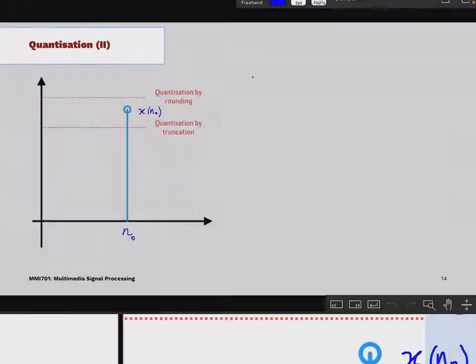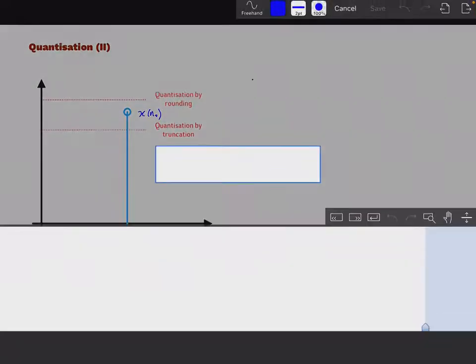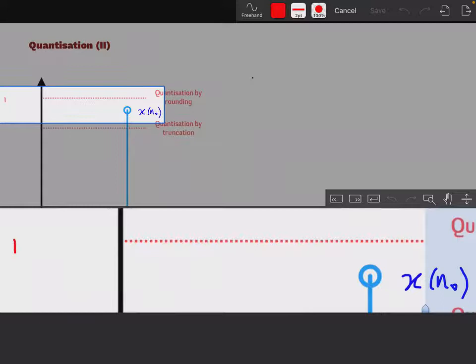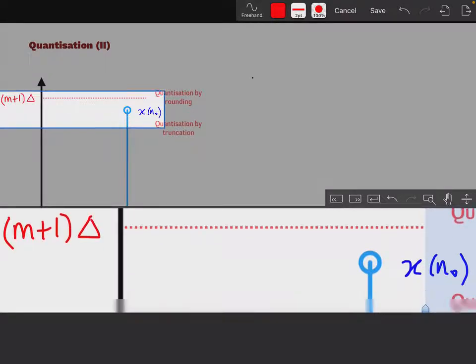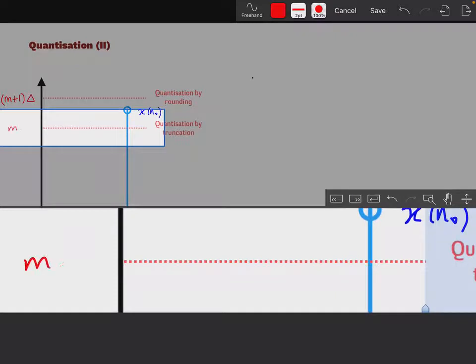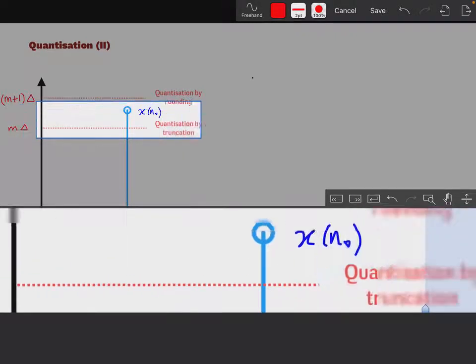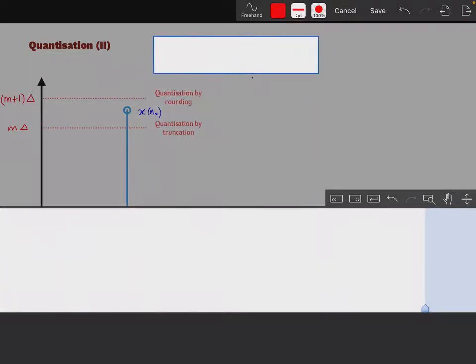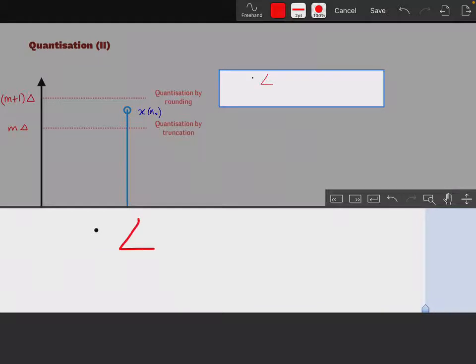So one of these values, and these values are (m+1) delta and m delta. Here, delta is our quantization step size.